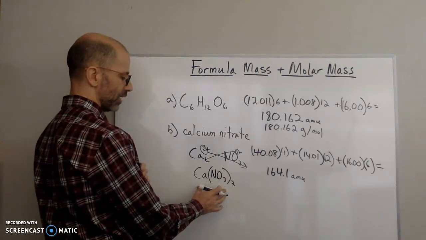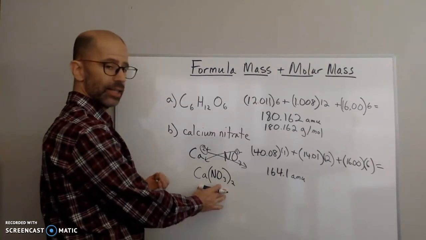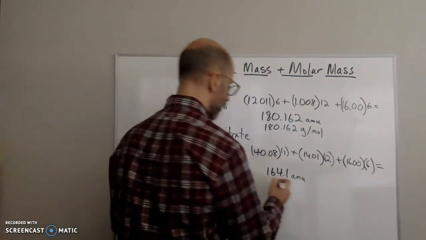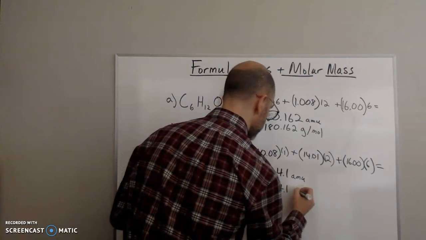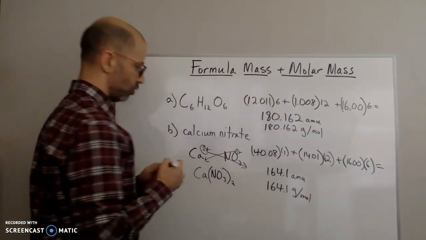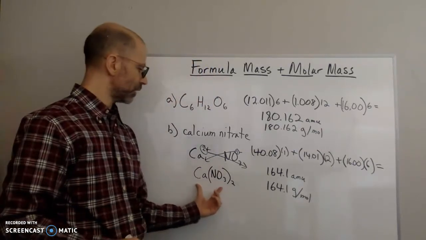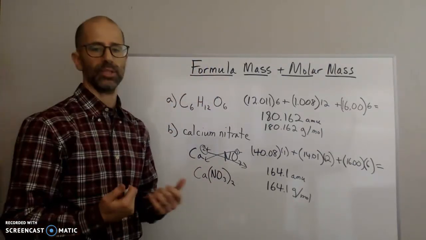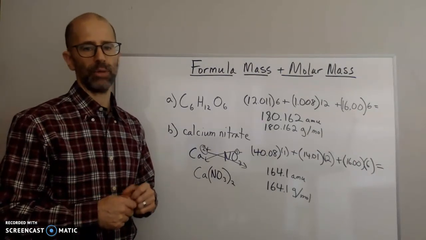If I am calculating the mass or the molar mass, where it's the mass of 1 mole of the substance, then it's the same number, 164.1, but now it's grams per mole. So this tells me that if I have 1 mole of this substance, calcium nitrate, then I will have 164.1 grams of calcium nitrate. So that's formula mass and molar mass.